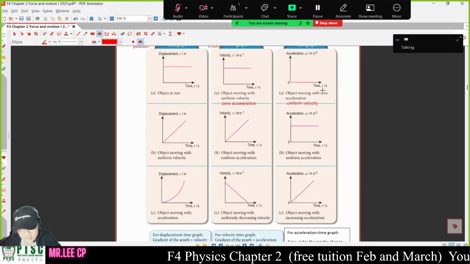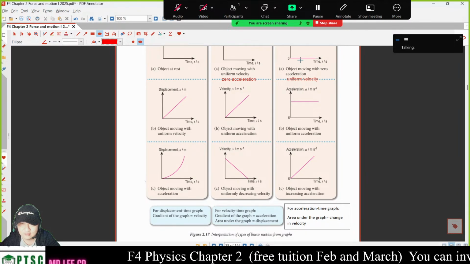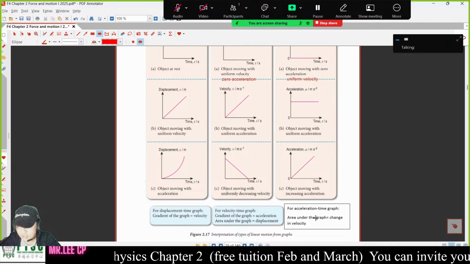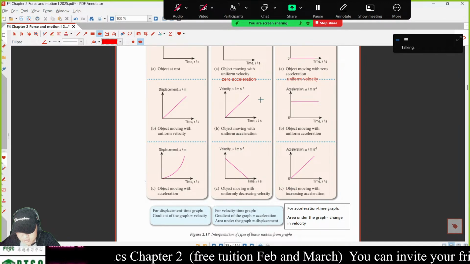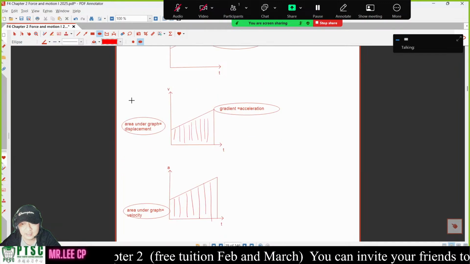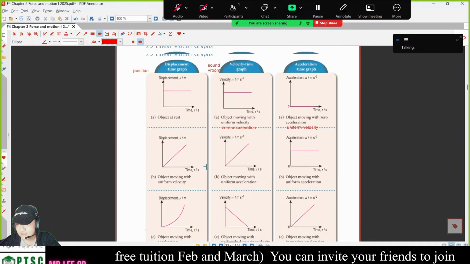Now this one, the gradient, go down, don't have. The AT graph, you go down no more. But the area under the graph, you go up, becomes velocity. Is that okay for you? Can you understand?